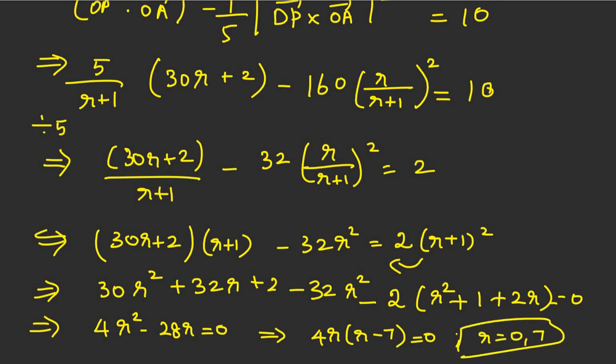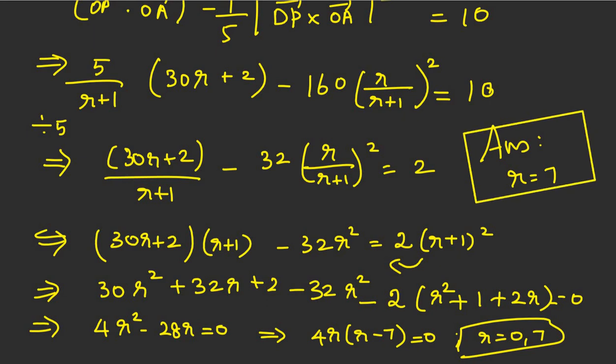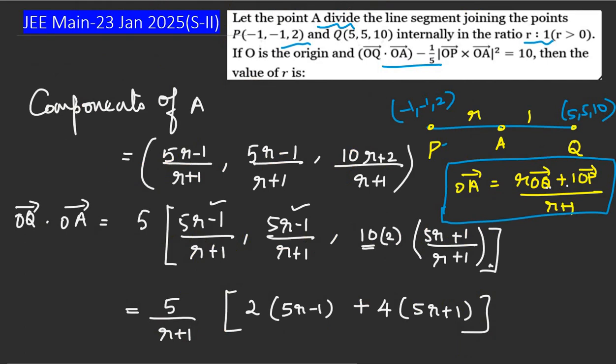R cannot be 0. Therefore, the answer is R equal to 7. What is the question? We have to find the value of R, and we have found the value of R is equal to 7 here.